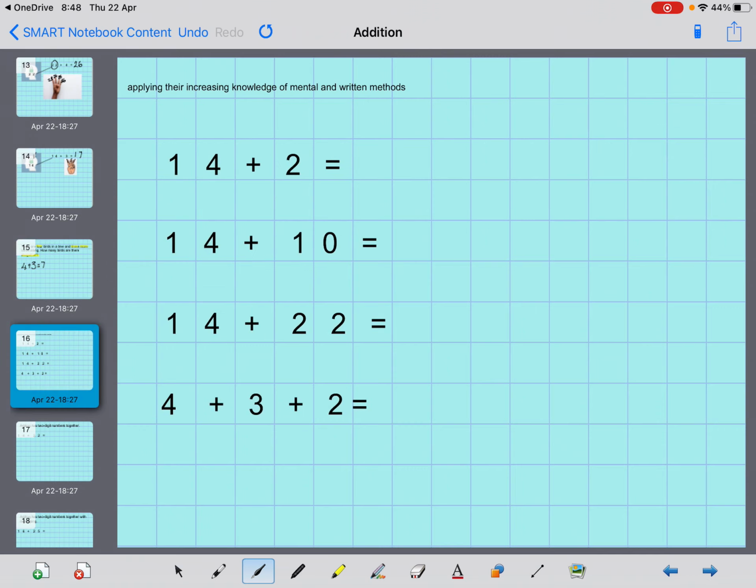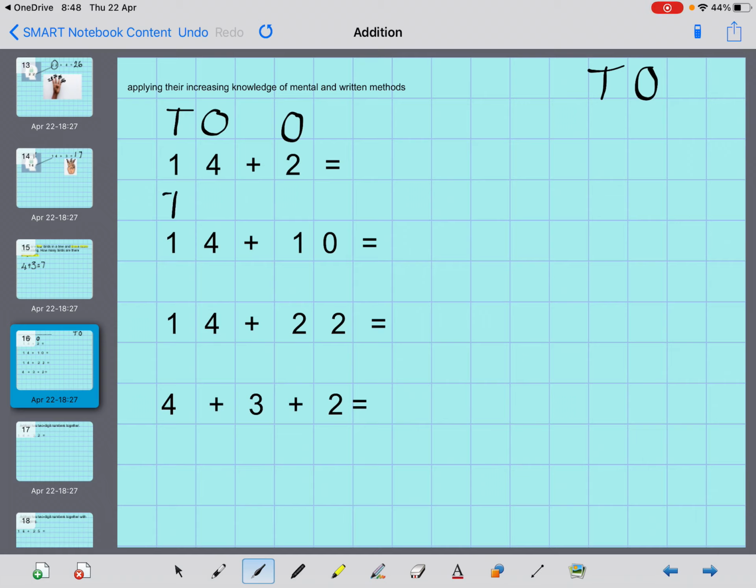With addition, these are the different types of numbers that we are going to be looking at adding across year 2. So we will be looking at adding a 2-digit number, such as 14, and a 1-digit number. So my T and my O stands for tens and ones. So that's showing how many digits I've got. So my 2-digit numbers have tens and ones, but my 1-digit numbers only have ones.